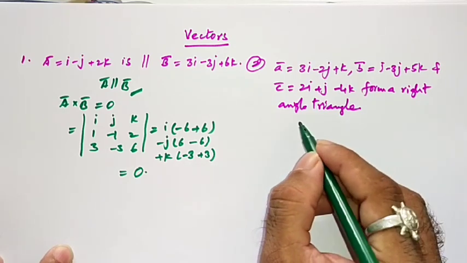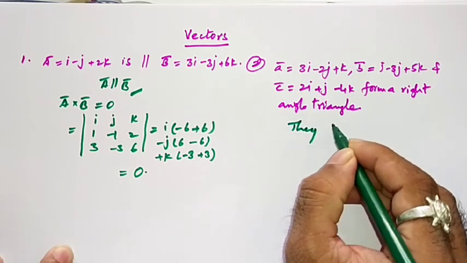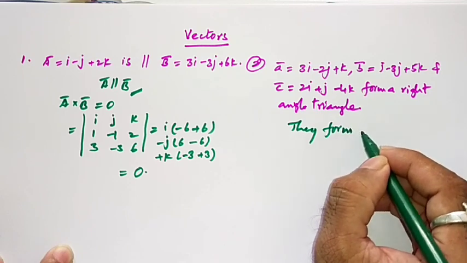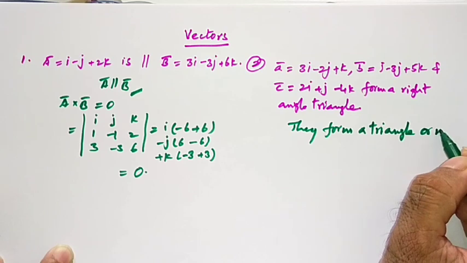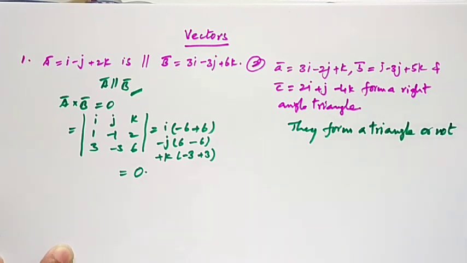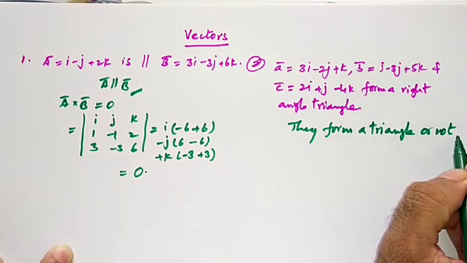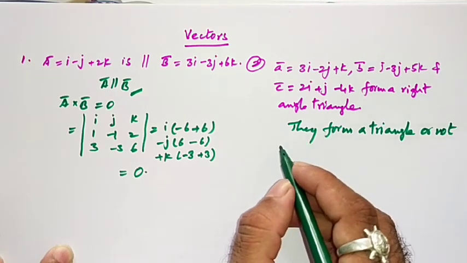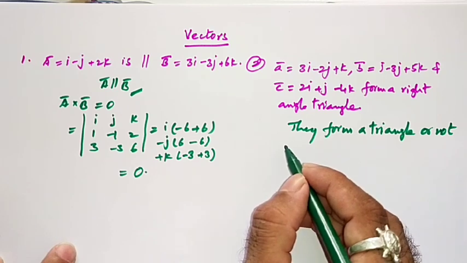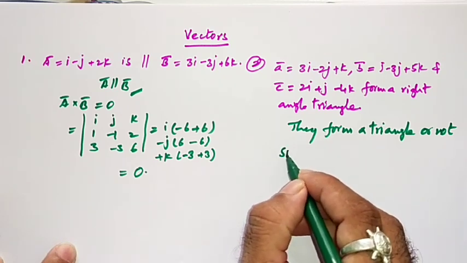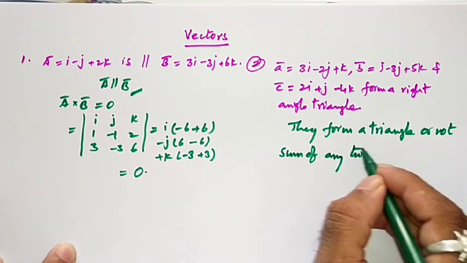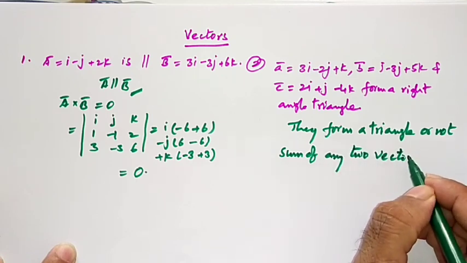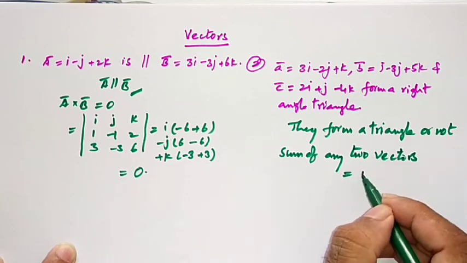First let us see whether they form a triangle or not. After that we can see whether they form a right angle triangle or not. Now see, to form a triangle the basic condition is that the sum of any two vectors should be equal to the third vector.